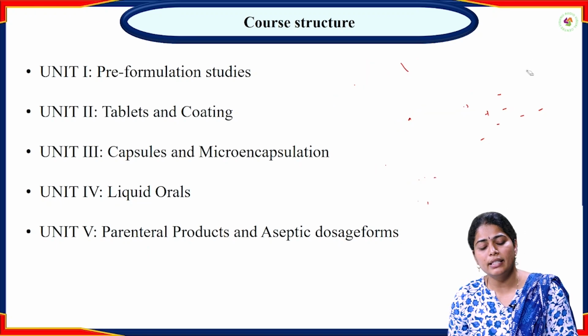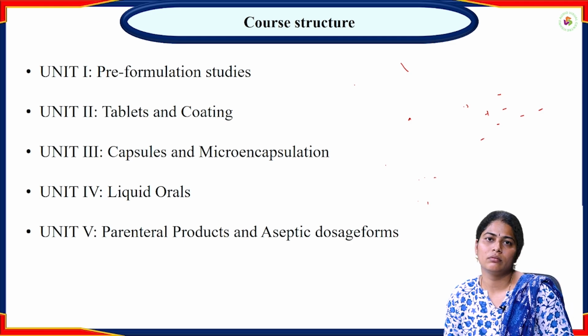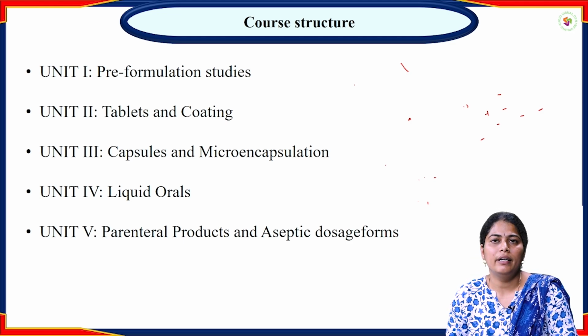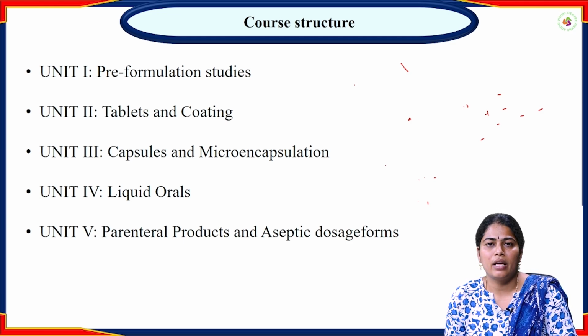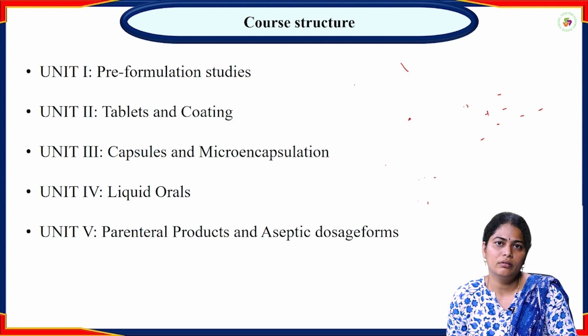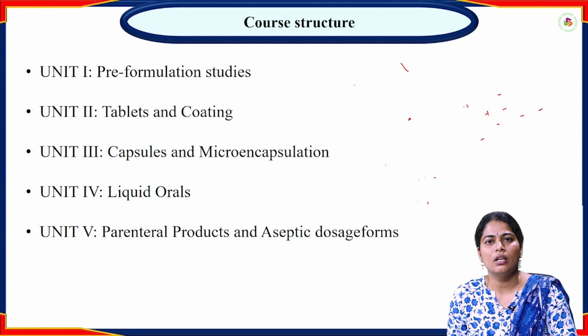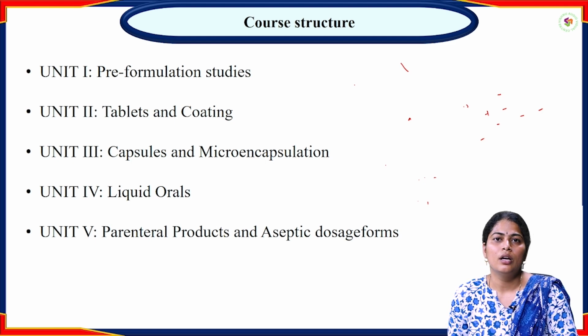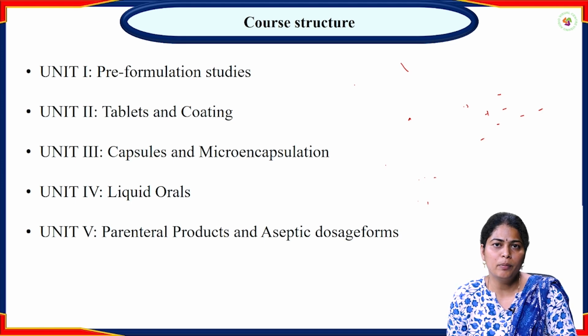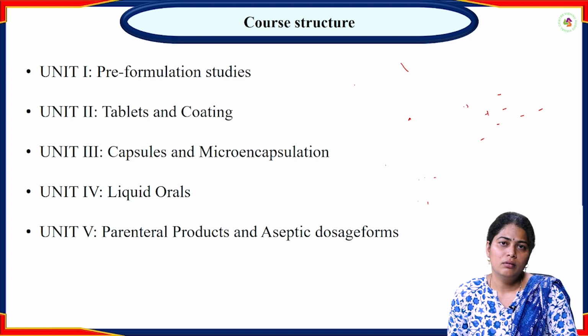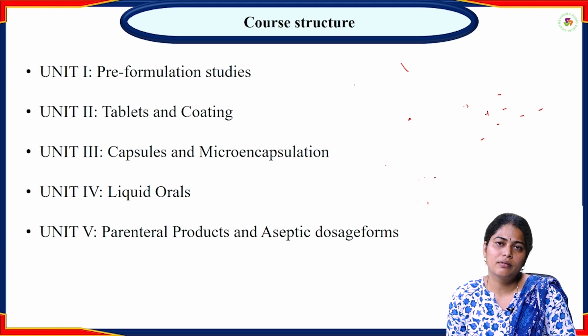So in unit 2, we'll discuss tablets and tablet coating. In the tablets, we'll discuss different types of tablets, meaning classification and different techniques. What are the excipients used in the manufacturing of tablets? And what are the methods used for preparation of granules? Before preparation of tablets, we need to prepare granules to improve the stability and flowability of the drug. What are different granulation techniques?